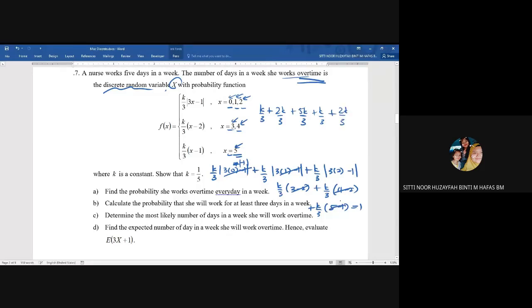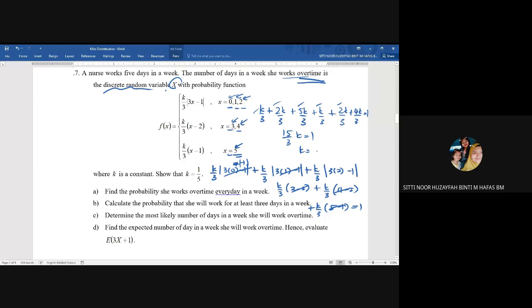And then 5 minus 1 is 4k over 3, equal to 1. So adding up: 1, 2, 3, 8, 9, 10, 11, 12, 13, 14, 15. So 15 over 3 k equal to 1. So k is equal to 3 over 15, which is 1 over 5.